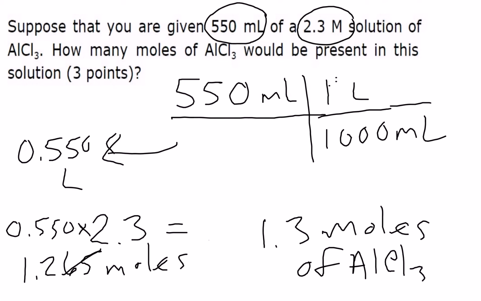So hopefully you guys followed that. We essentially took the molarity, plugged it in, turned the milliliters into liters, plugged that in, and then solved for X number of moles at the top. That came out to 1.3 moles of aluminum chloride.